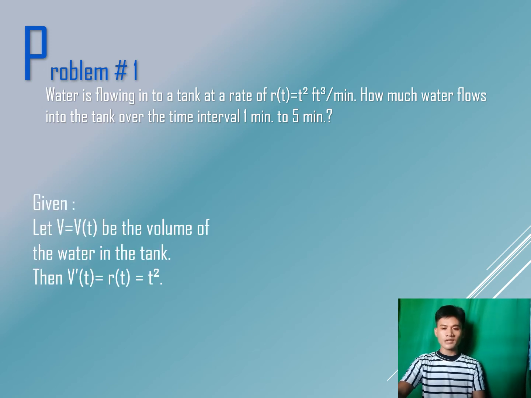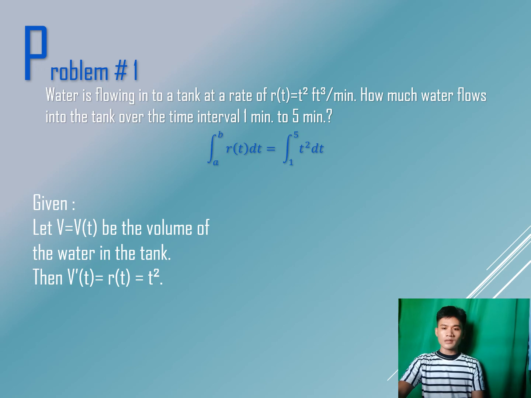From the given problem, we let V of t be the volume of the water in the tank, then V prime of t is equal to r of t, which is t squared. Remember the formula of the integral of the velocity.